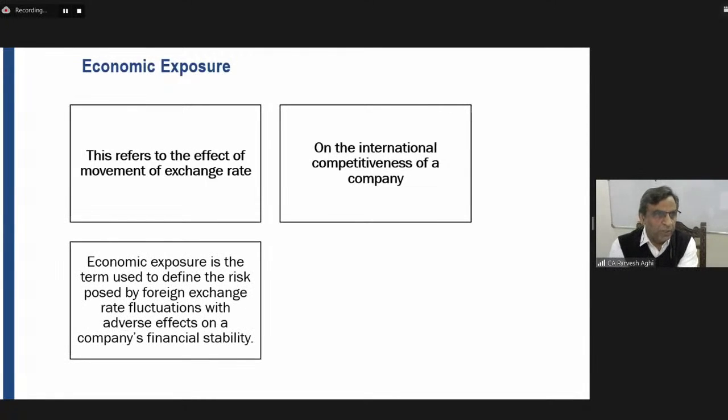Economic exposure is the term used to define a risk posed by foreign exchange rate fluctuations with an adverse effect on the company's financial stability. As I told you, that is the major kind of exposure which the company faces.